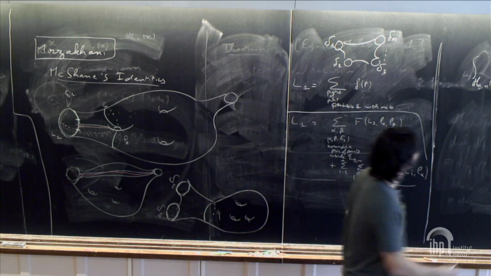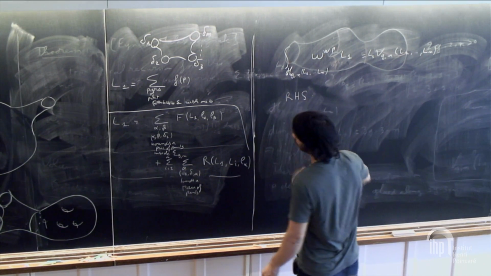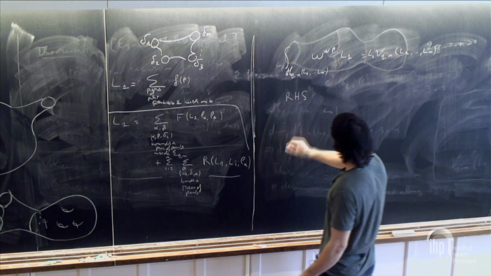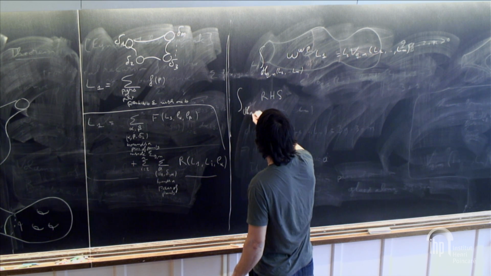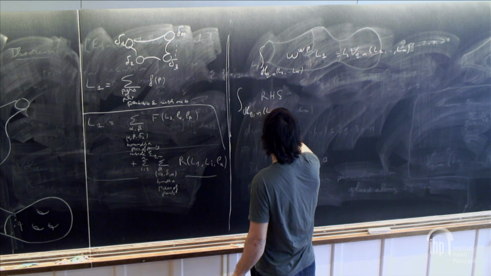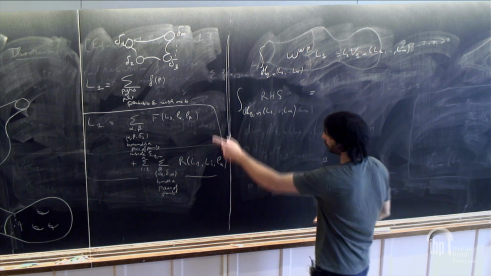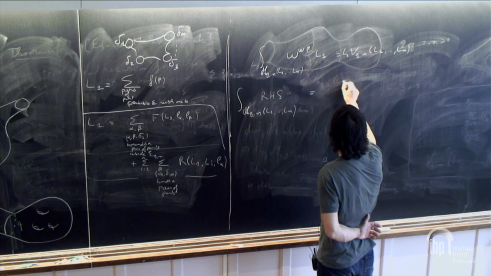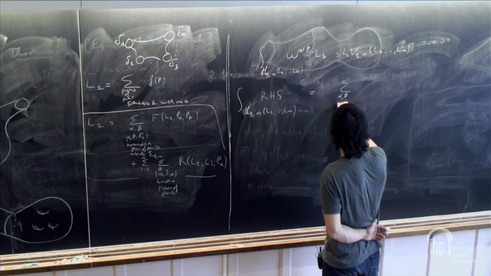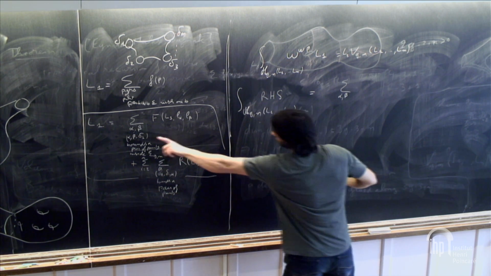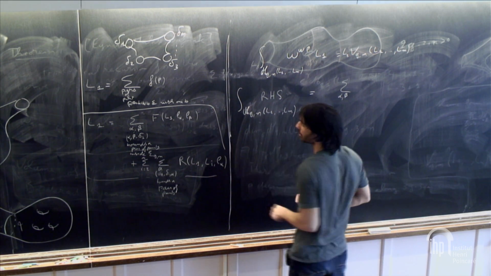So the idea is that the right-hand side, you can write it in the following way. If you want to integrate the right-hand side along M_{g,n} of L1, ..., Ln, I make a sum over alpha and beta such that all this is satisfied. And now I want to integrate this over M_{g,n} bar.